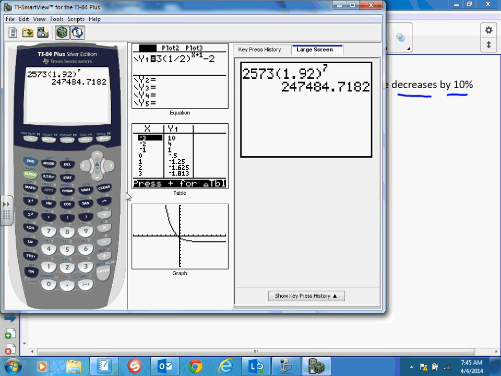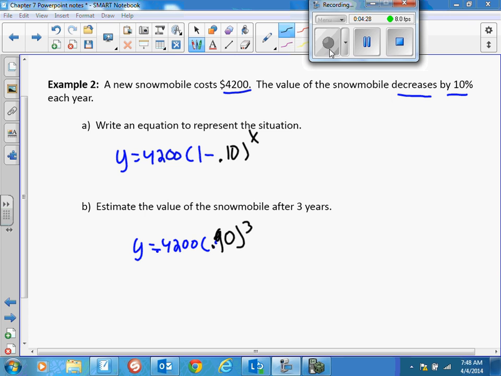Again, we can just put that in our calculator. 4,200, parentheses, 0.9. Okay, technical difficulty. 4,200, parentheses, 0.9 to the 3.